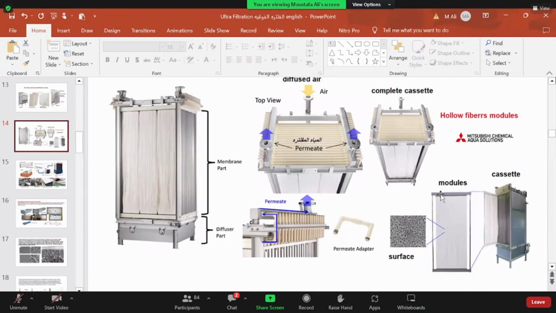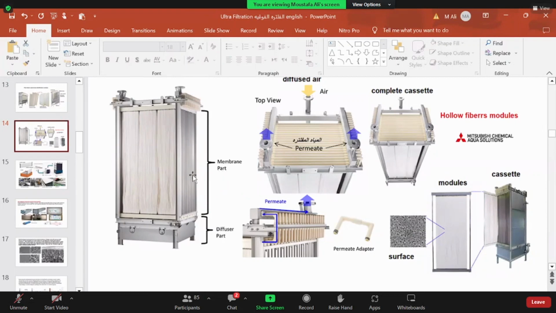The fibers are open from the upper side, and the suction comes from the left and right sides with a special connector, which we can see here, connecting the hollow fiber module with the main sucking header. We have a double header here, not like the flat sheet, which has just one nozzle in the middle. Here we have connections from both sides, left and right, each one connected to one sucking header, as we see in the figure.